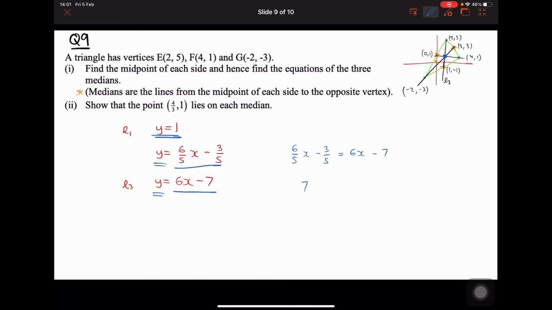Alright, 7 here for now. And I'll subtract both sides by 6 over 5x. 6x take away 6 over 5x. So 7 is the same as 35 over 5. And 6 is the same as 30 over 5.